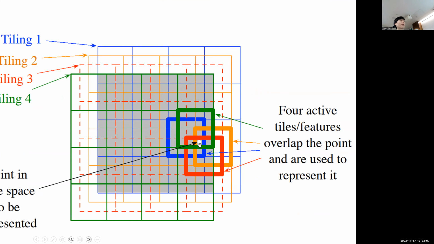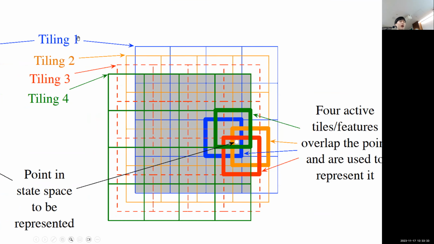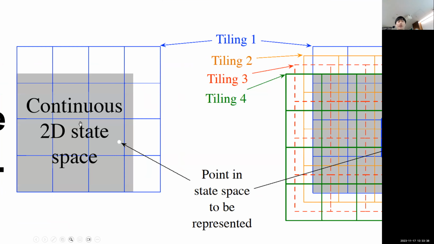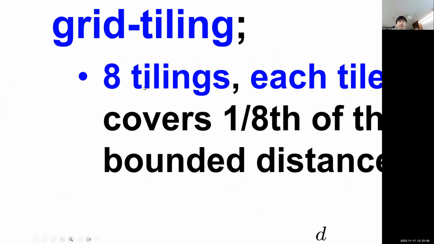For example, a particular position and velocity in this state will be represented by 4 tiles, or 4 features. We use these 4 features to represent this one state. But this is a case of using 4 tilings. In our setting, we're going to use 8 tilings.